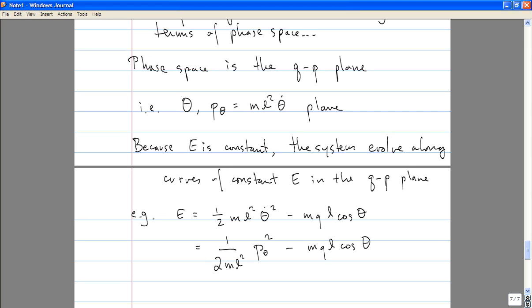And we know that if we were to draw a picture of the motion of the system in the theta p theta plane, that motion would lie along a curve of constant E.